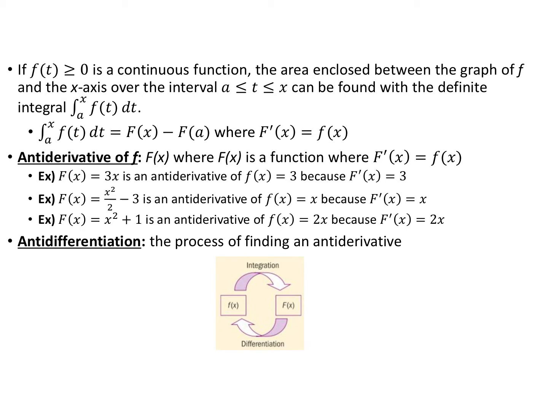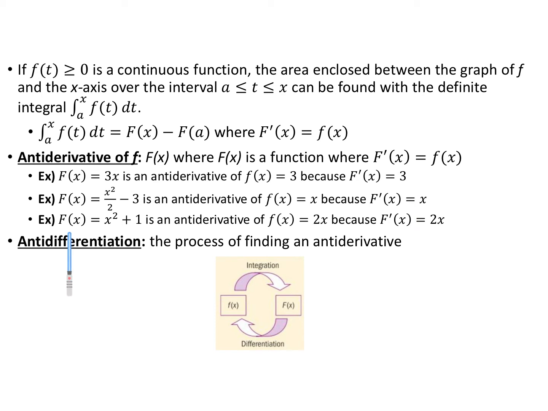So capital F of x is the function where its derivative is, again, the original function that we're now looking at. So for example, capital F of x is equal to 3x is an antiderivative of f of x equals 3 because the derivative of capital F of x is 3. And then same thing here, capital F of x equals x squared over 2 minus 3 is an antiderivative of f of x equals x because the derivative of capital F of x is x.